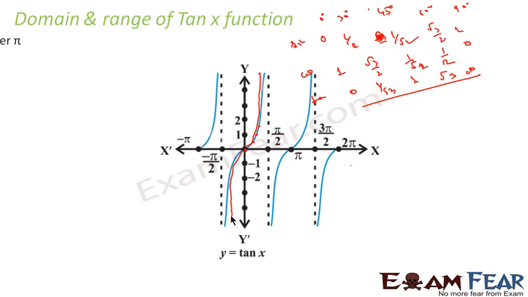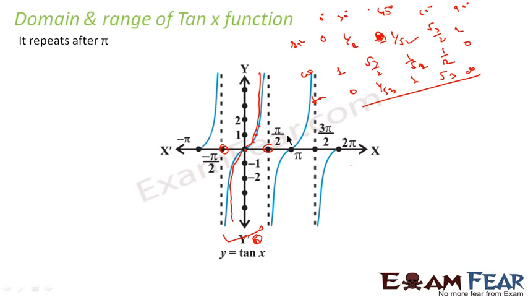So here what you observe is that it repeats after pi. This is pi by 2, this is pi, the total length is pi, and this total length is pi. So here it is repeating after every pi. In case of sine and cos, it was repeating after every 2 pi. In case of tan, it is repeating after pi.